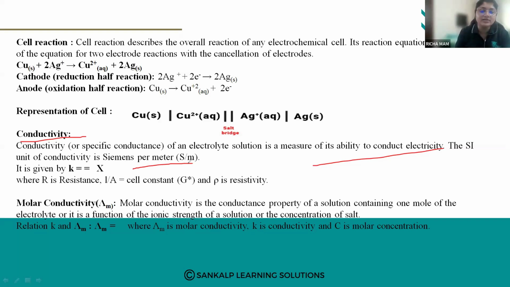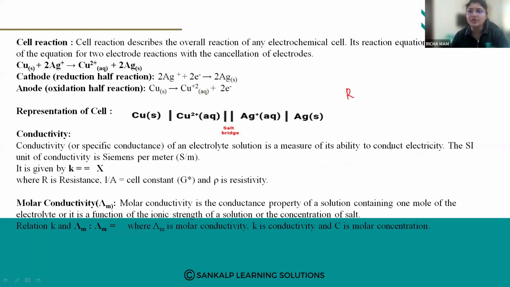It can also be given as K equals G into L by A, where R represents the electrical resistance.